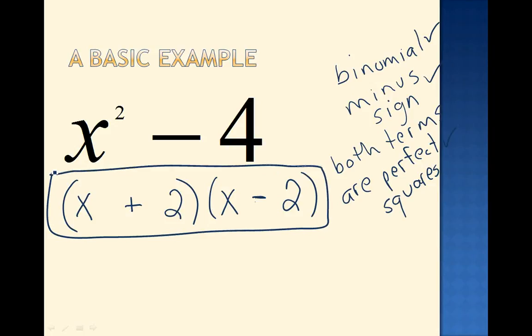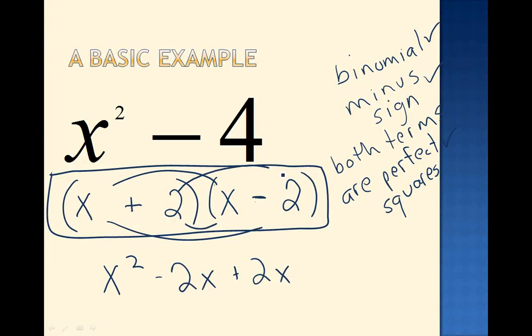But if we want to check and see if we factored it correctly, we can always multiply that back out and make sure that we get x squared minus 4. Just another quick review, x times x is x squared, minus 2x, plus 2x, minus 4. This is what is special about differences of two squares. The two terms in the middle cancel, and you can see we do get x squared minus 4.